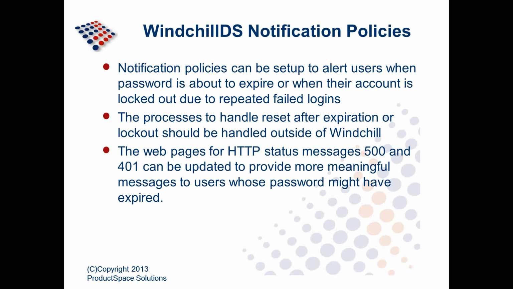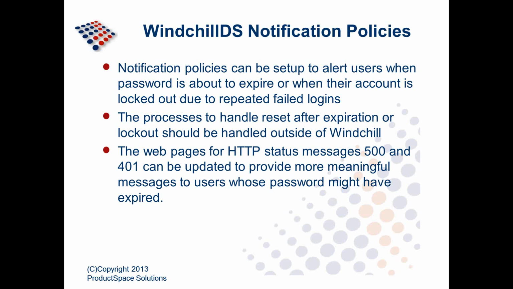One of the things that you can use is a notification policy. Essentially, WindchillDS has a notification policy where you can map an SMTP server, and it will send email notifications to users whose password is about to expire, whose account is locked out, and so on.